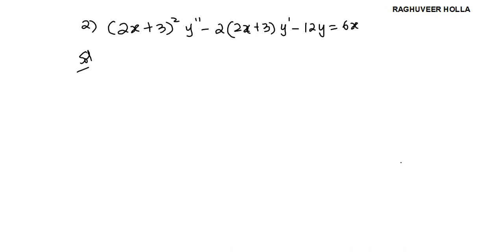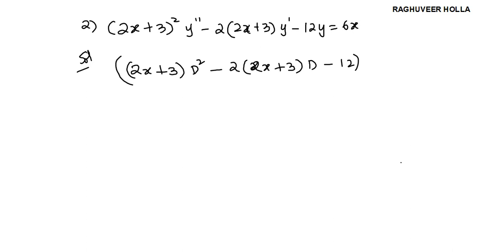Now here you have (2x plus 3) squared multiplied by D squared, minus 2 times (2x plus 3) into D, minus 12 into y, which is equal to 6x.